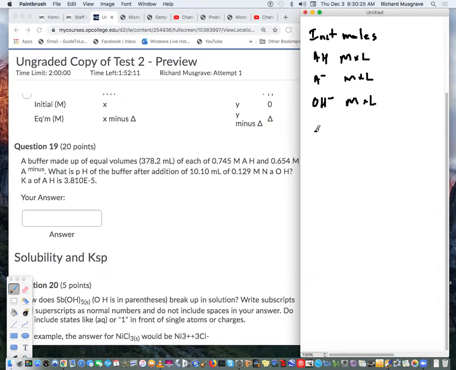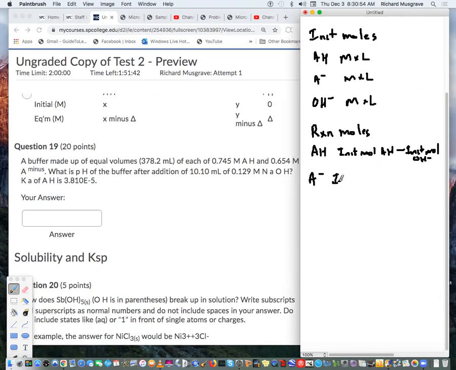Yeah, it's fine. All right, so initial moles, and then we want to find our reaction moles after that. And we need the reaction moles for AH and for A minus. Now for AH, it's going to be the initial moles of AH minus the initial moles of OH minus.